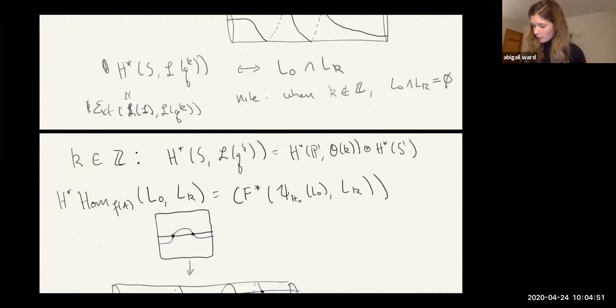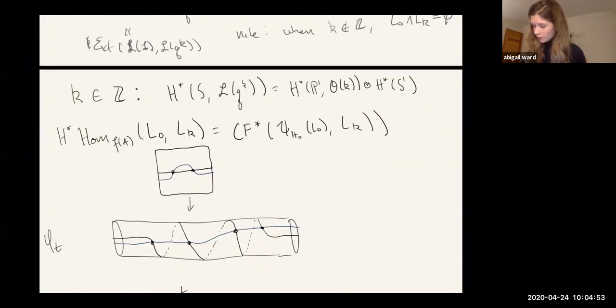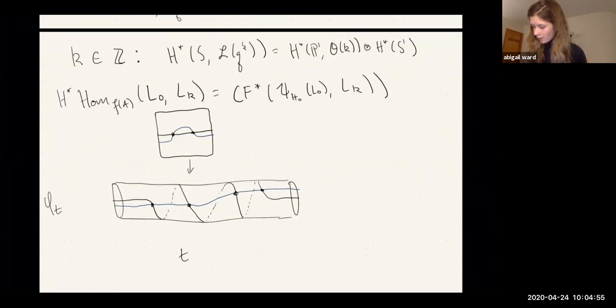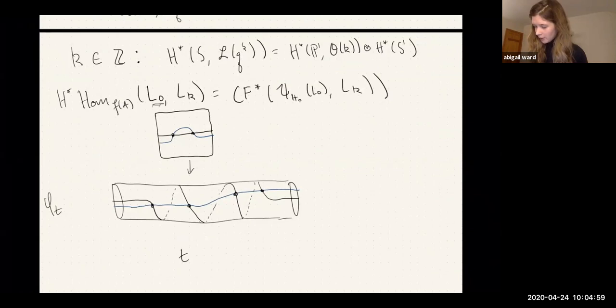And what you're going to do is perturb this first guy, this L sub O, slightly. So that guy is going to be in blue. And then you see that you're going to end up with K plus 1 many intersection points in this T phi T direction.